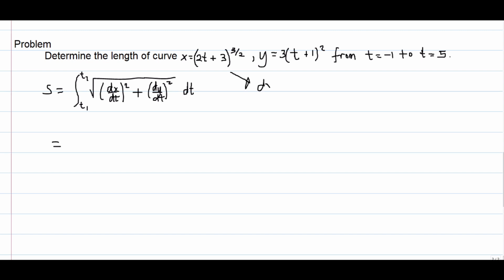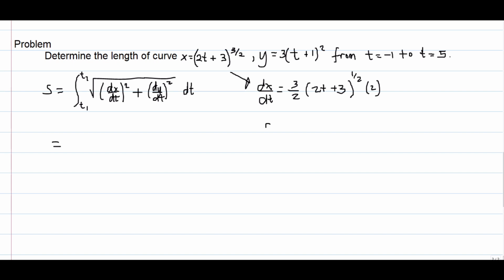So this is dx over dt, which equals the derivative of this: 3 halves times 2t plus 3, then to the power 3 halves minus 1, which equals 1 half. Then we get the chain rule: the derivative of 2t plus 3 equals 2.